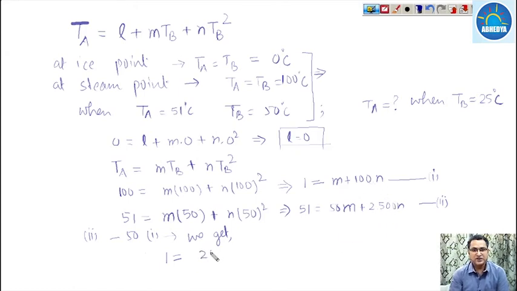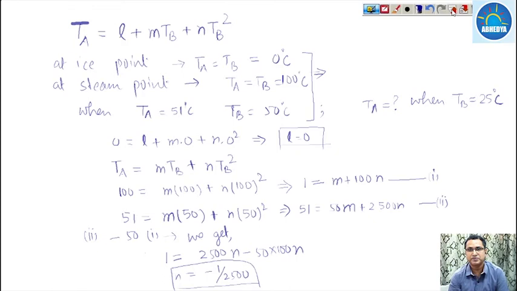So 2500N minus 50 multiplied by 100N, so this is 5,000N. So N becomes minus 1 upon 2500. This is the value of N.